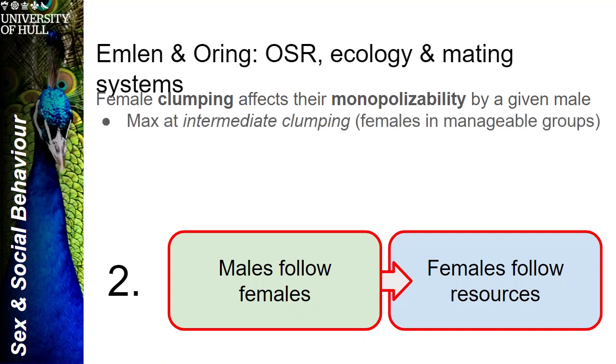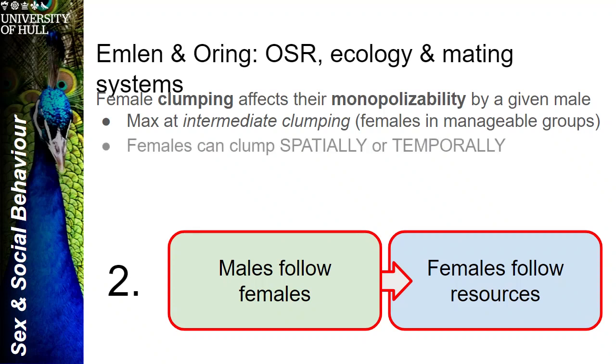The maximum controllability of a group of females occurs at intermediate clumping, where females are in manageable groups that one male can dominate and control, and not in a huge aggregation that one male cannot possibly control. We'll look at ramifications there in a second.